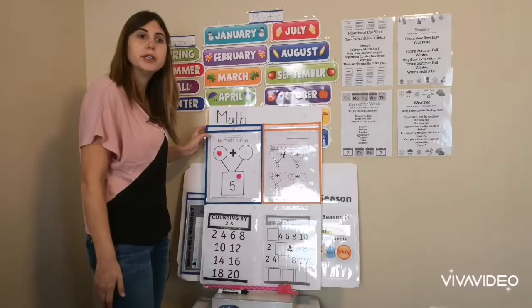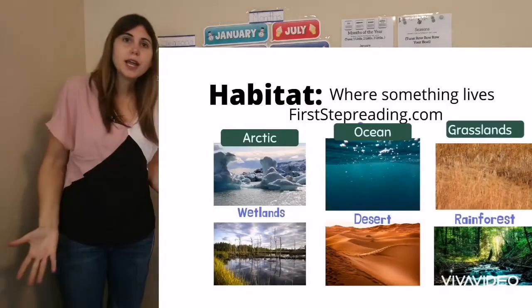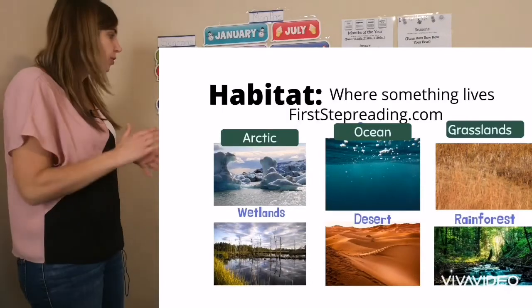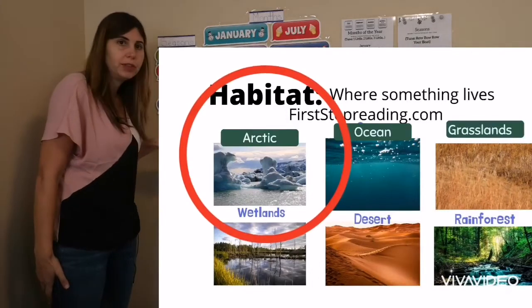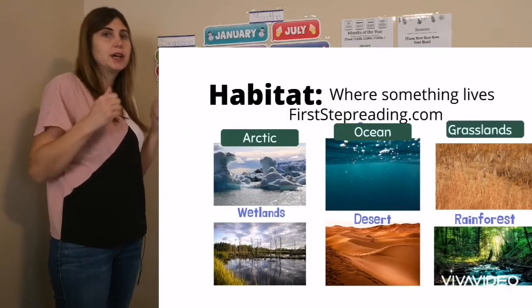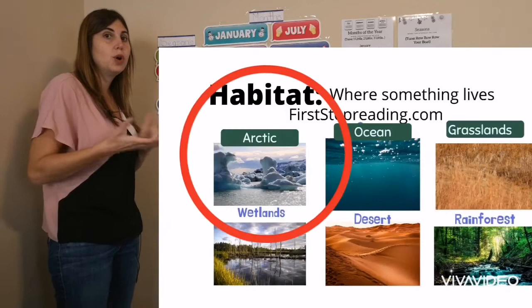Now we're going to move on to science. For science, we've been talking about habitats. So this week we're going to learn about different habitats. Last week we learned about the Arctic, right? It was freezing in the Arctic. It's covered in ice. The land is ice and it's ocean and ice.